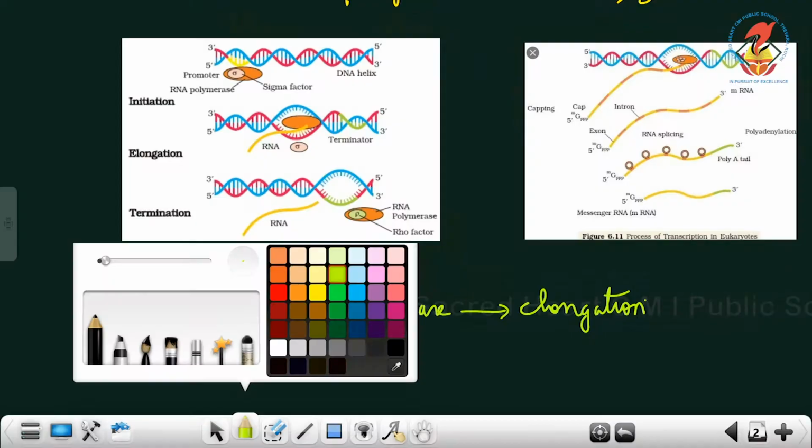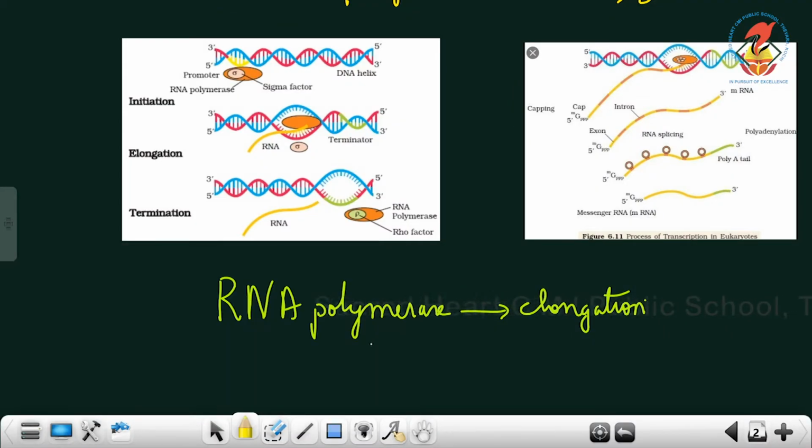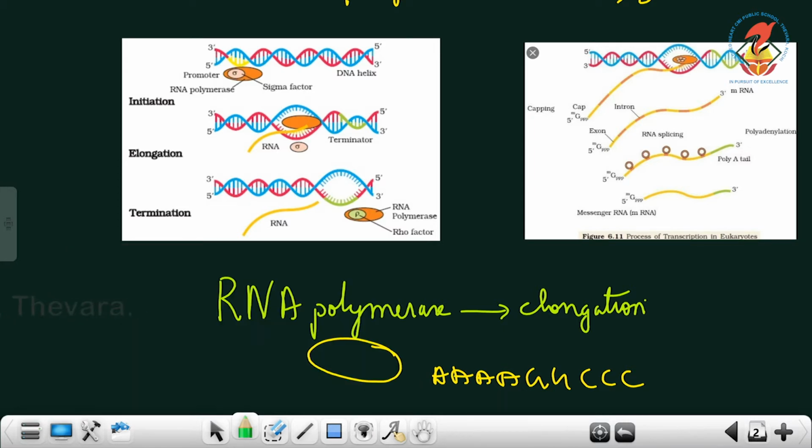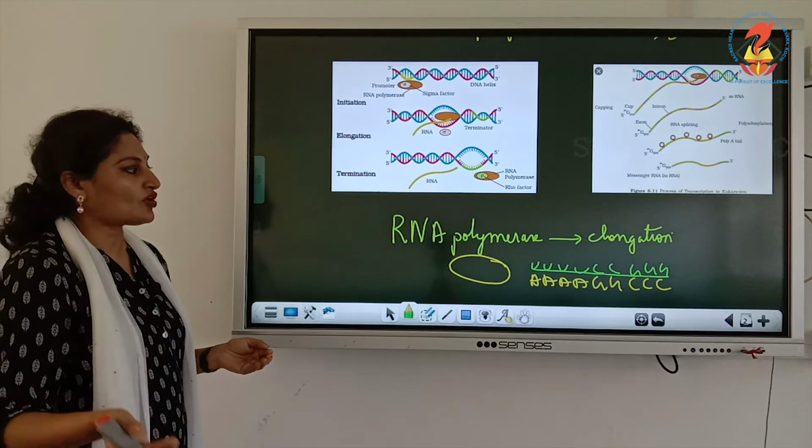For example, if the RNA polymerase is represented by this figure, this will only add nucleotides. RNA polymerase alone can only add nucleotides. If the nucleotides on the strand are AAGCCC, it will just add the appropriate bases. For A it's U, for this it's C, and for this it's G. It only adds the nucleotides, and this process is called polymerization.